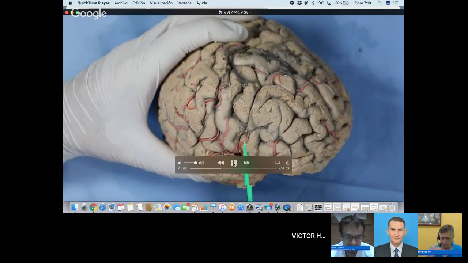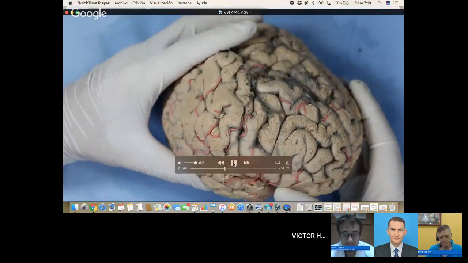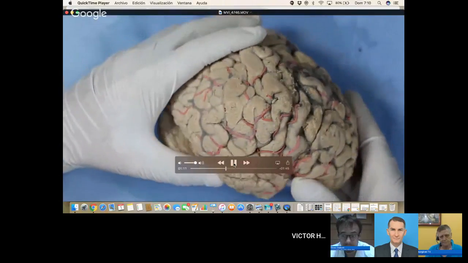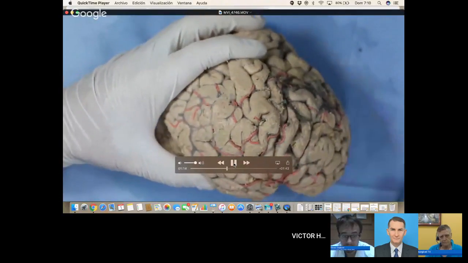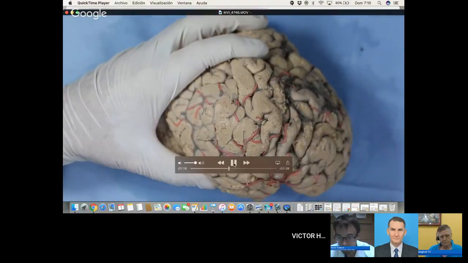The inferior frontal gyrus is subdivided into three gyri. This is the parietal lobe.